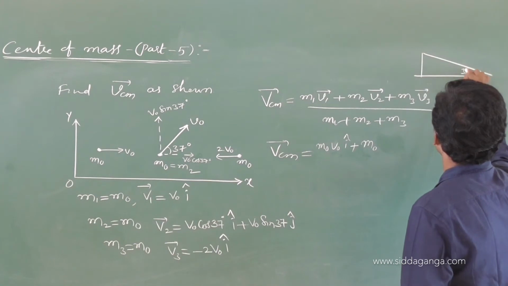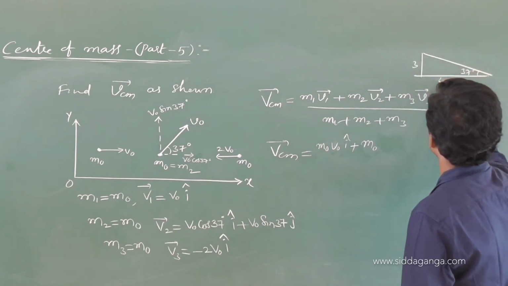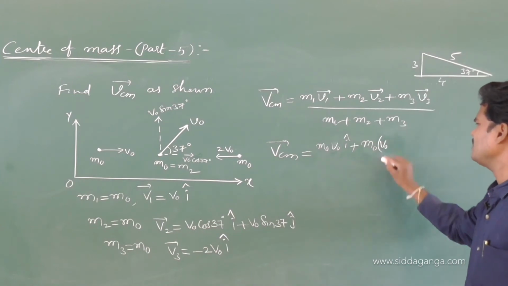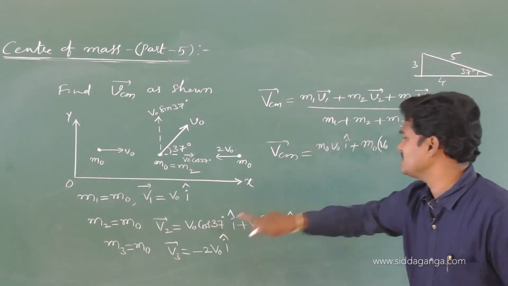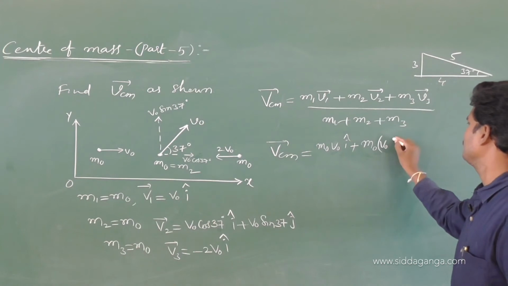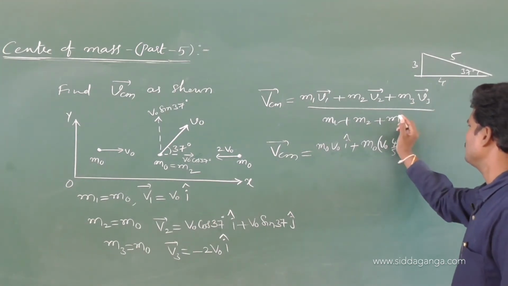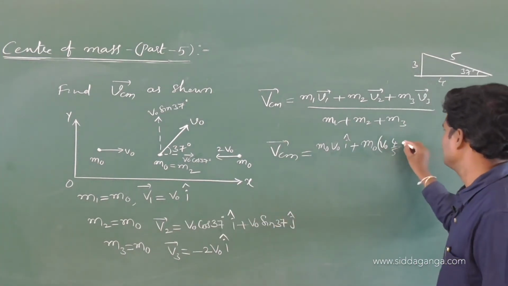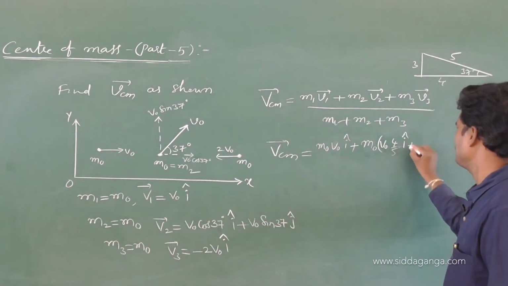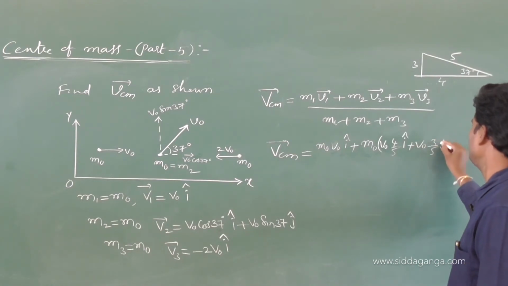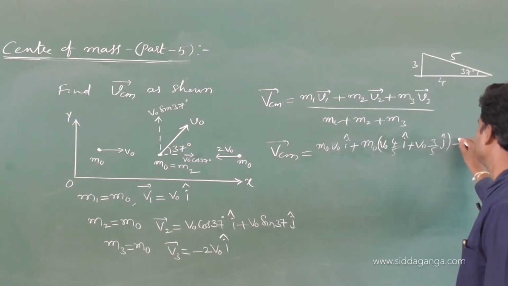This is the 37, 3, 4, 5 triangle. So cos 37 is 4 by 5. V naught, 4 by 5 i cap, plus V naught sin 37, 3 by 5 j cap, plus M3.